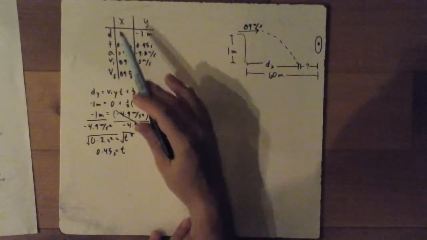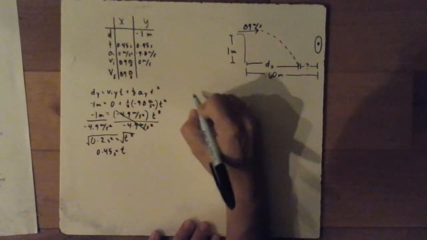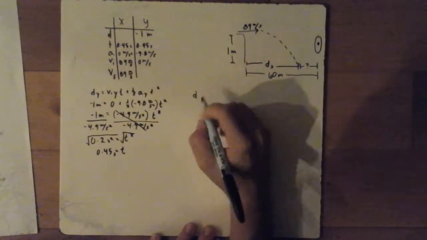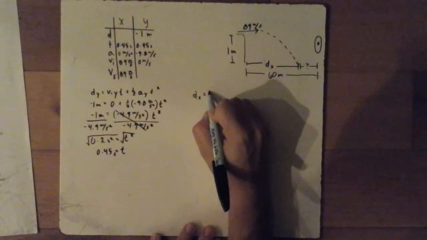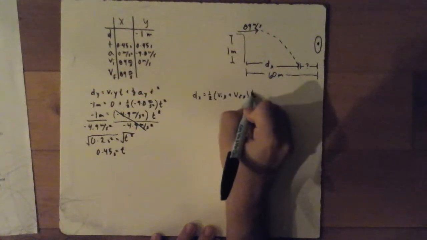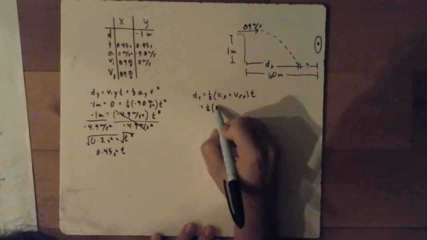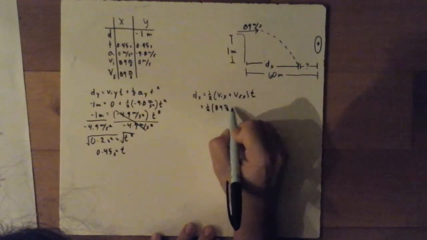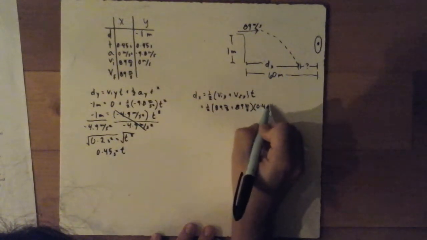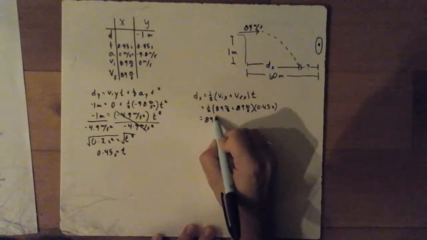So we found the time. Now I'm looking to find the x distance because that's what we need to answer the question. We can use equation 2 or 4. I'll just use 4. 1/2 of 89 plus 89 will be 89.